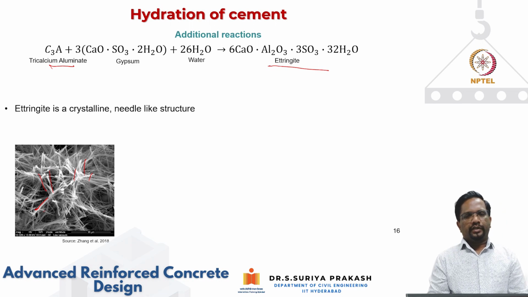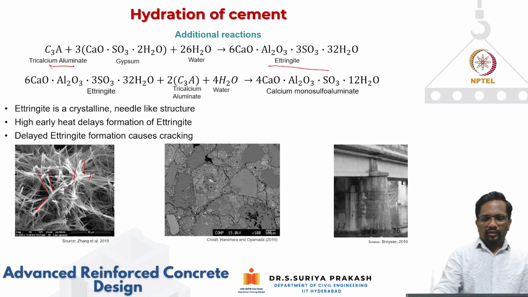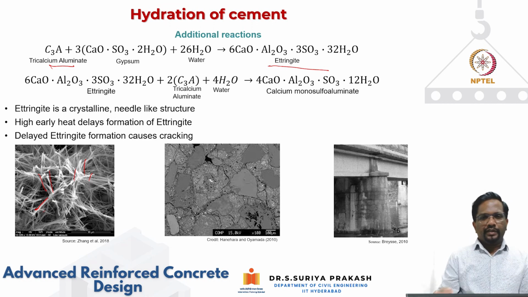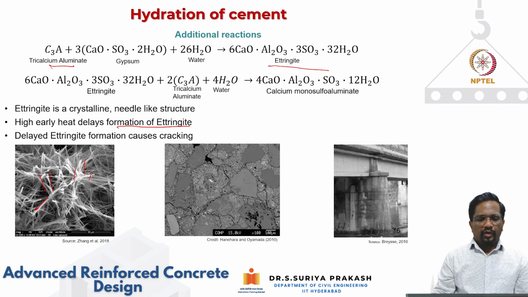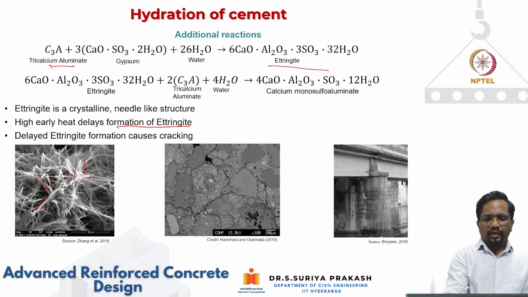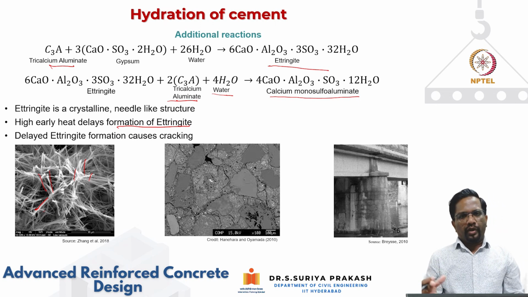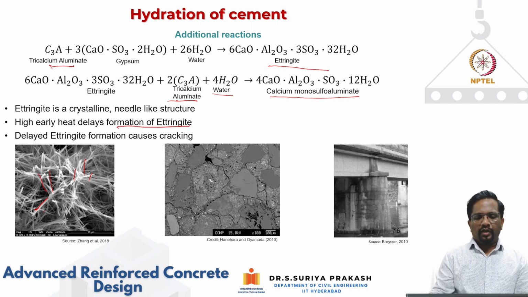It's a needle-like structure, but the concrete is still plastic, so when the needles form and the volume increases, it can accommodate all of this. However, not all the ettringite is fully formed, because the heat released during this initial reaction delays the formation of the ettringite. So the high early heat basically delays the formation, and not all the ettringite is formed.